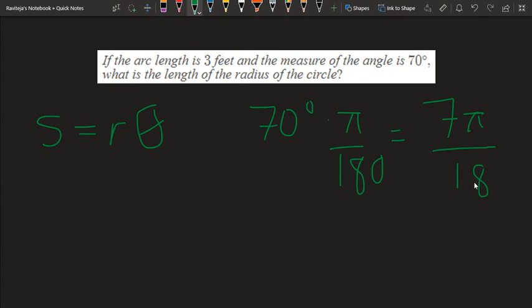So now that you have 7 pi over 18, you actually solve that, do 7 pi divided by 18, and you should approximately get 1.222.